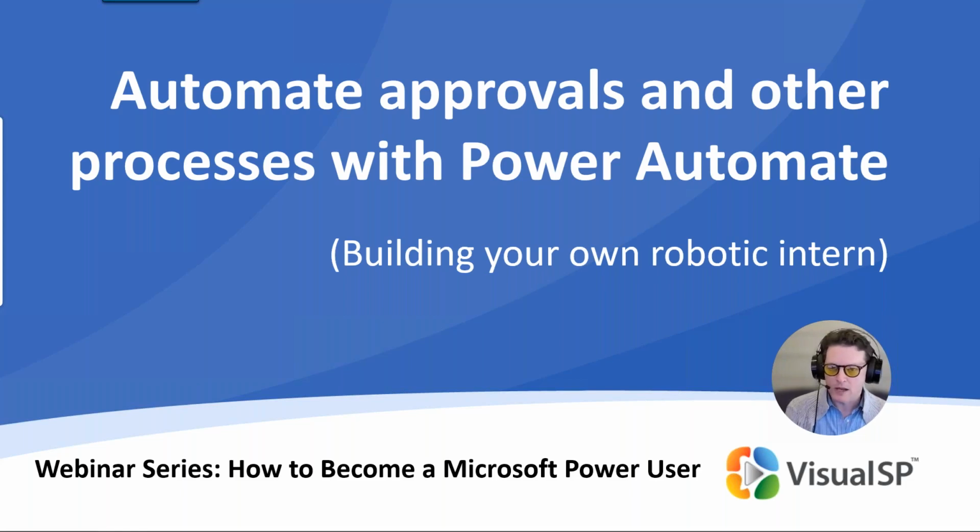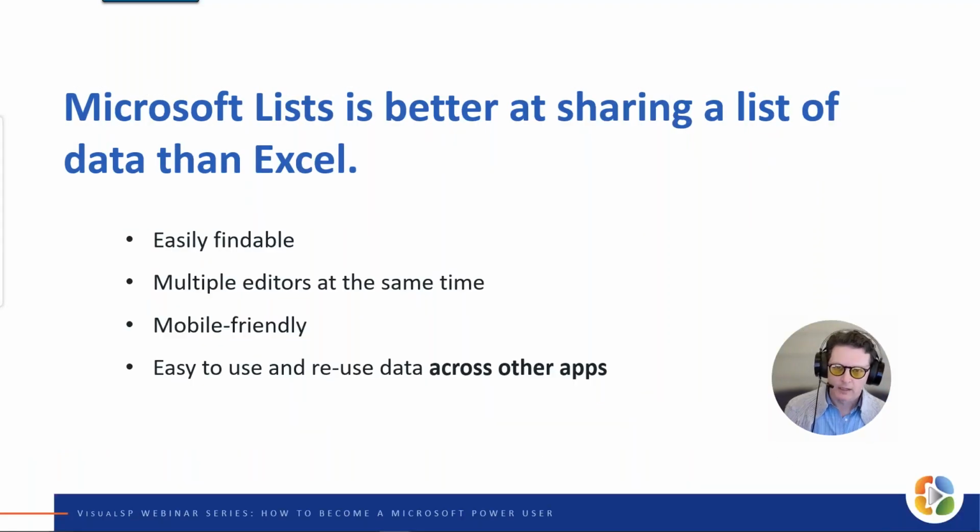So here we go. Let's talk about why this is so important. We've been talking in other episodes of our webinar series about how Microsoft Lists in Office 365 is better than Excel when you need to share a list of data with other users. Excel is kind of everybody's default native language for this kind of thing. But there are really some significant advantages to using Microsoft Lists and making an online list instead of a spreadsheet that you just save in an online library.